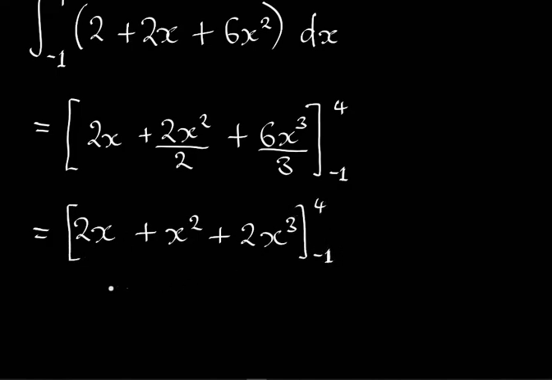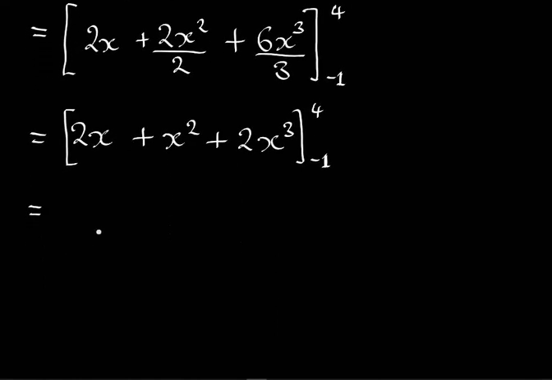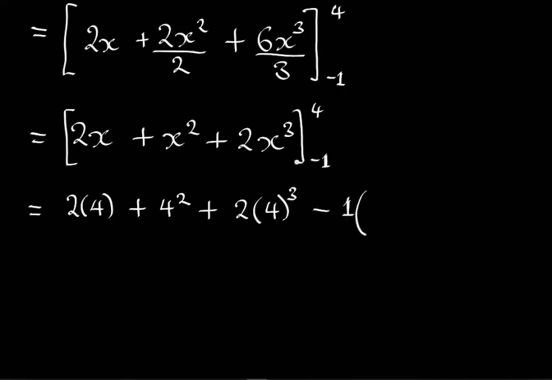From -1 to 4, evaluating this means replacing our values of x, starting with the one for the final. So 2 times 4 plus 4 squared plus 2 times 4. This time I'm seeing it, there's a 3 there, not a 2. This -1 is not the one there.